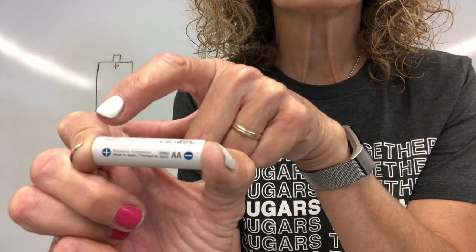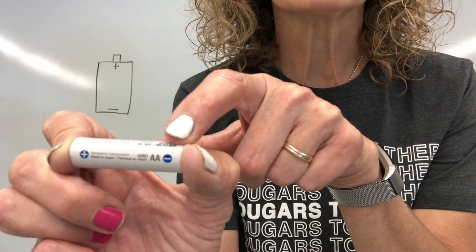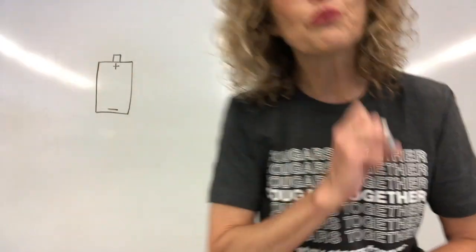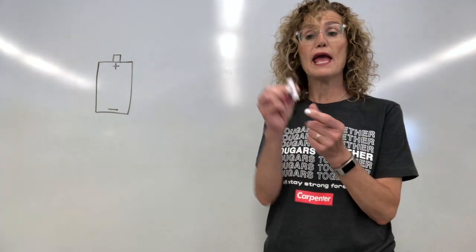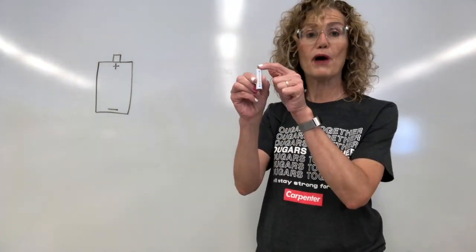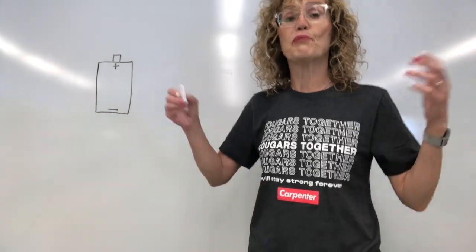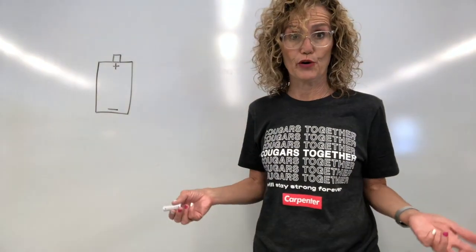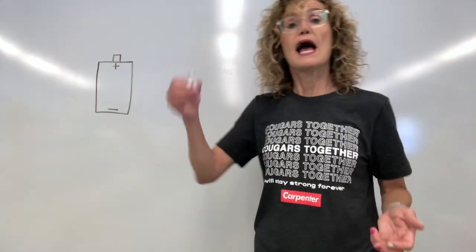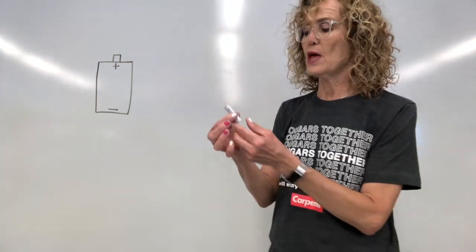So this battery has a positive end and a negative end. And that's really important to notice. All batteries have a negative end and a positive end. And remember, matter is made up of positively charged particles and negatively charged particles. Electrons and protons, and neutrons which don't have any charge.